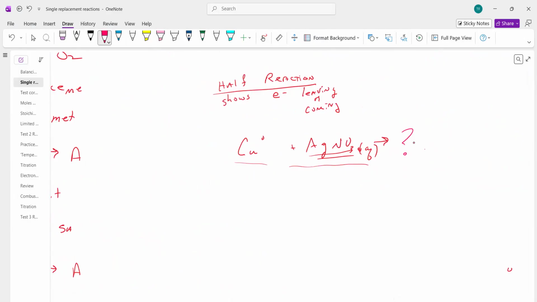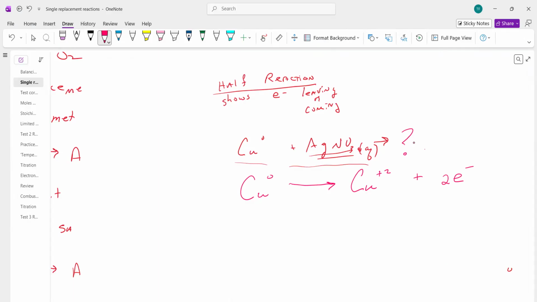Okay, so let's look at the details of what's really going on there. So we have copper metal. That's what the little superscript 0 stands for. And what's happening there is that copper could lose 2 electrons.